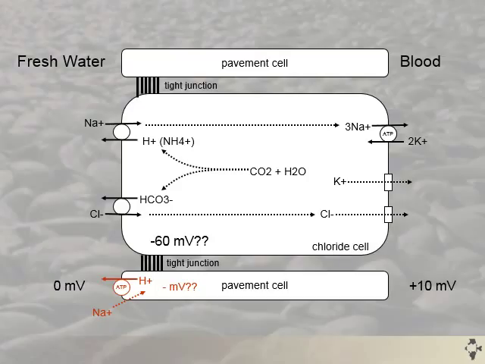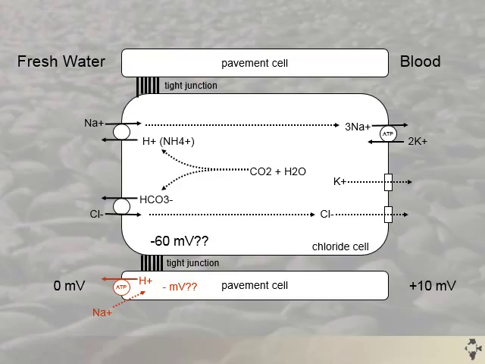Okay. Now, the accumulation of CO2, carbon dioxide, in the chloride cell because of respiratory exchange, remember all the CO2 is going to be coming from the tissues into the gills and ultimately into the chloride cells.